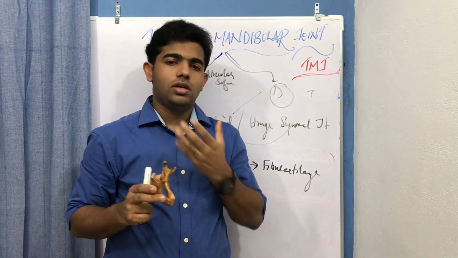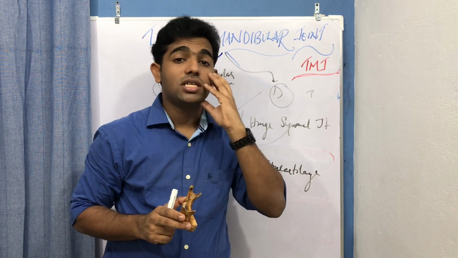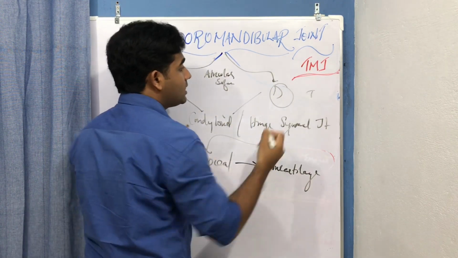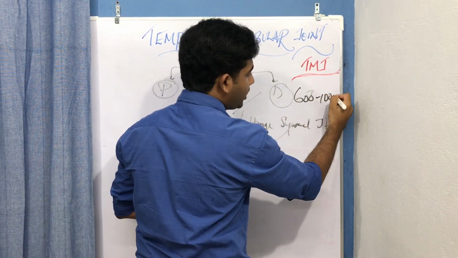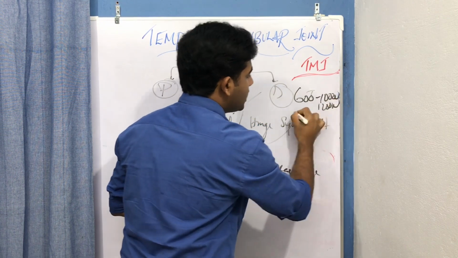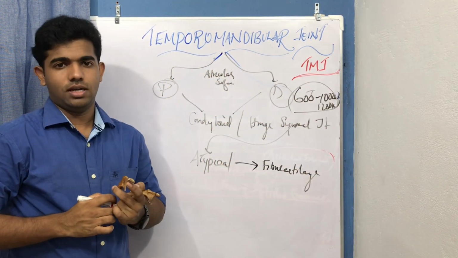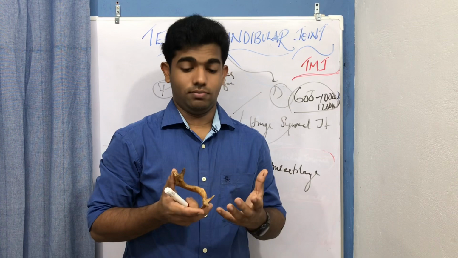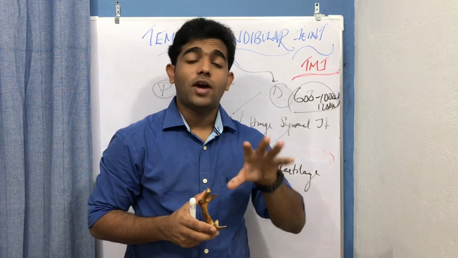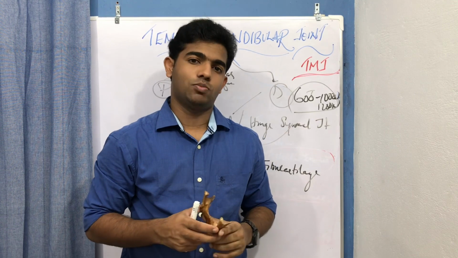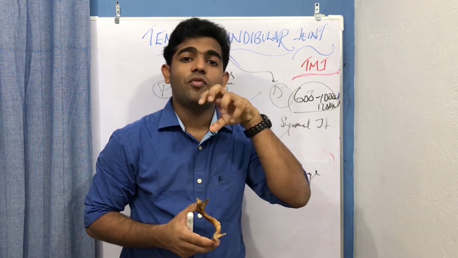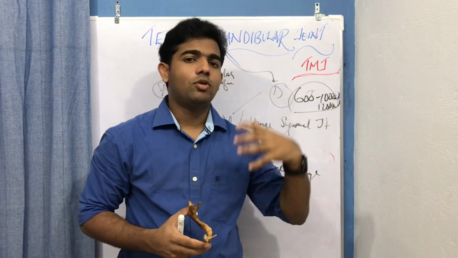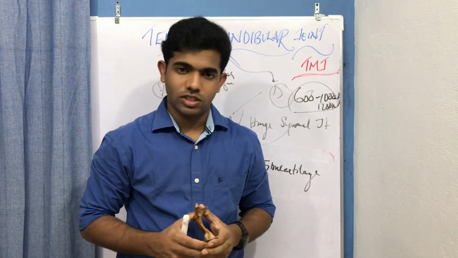It is because the temporomandibular joint is highly susceptible to a large amount of biting force, often about 600 to 1000, sometimes 1200 Newton. Thus there can be a lot of compressive forces in that region, and fibrocartilage is capable of withstanding more compressive force, and it is capable of remodeling.